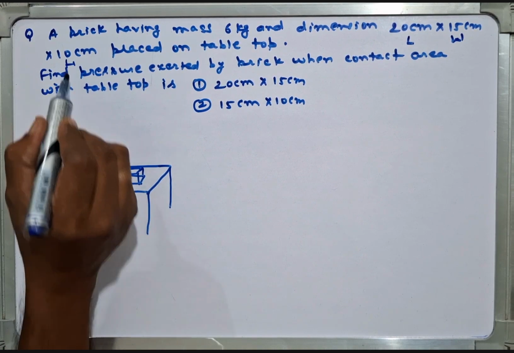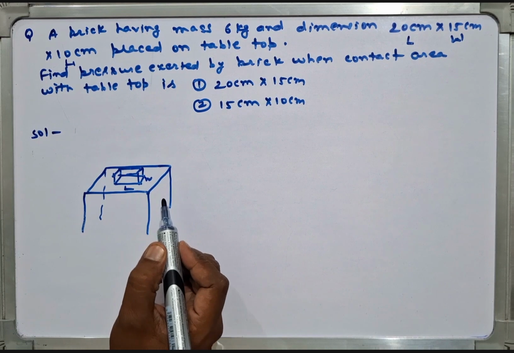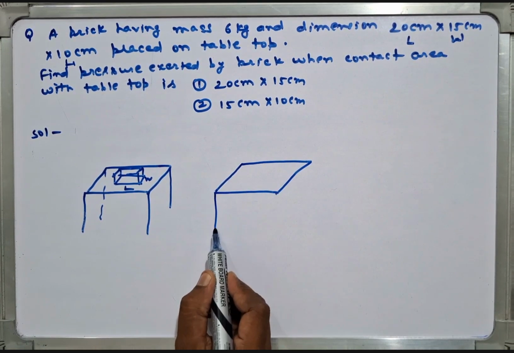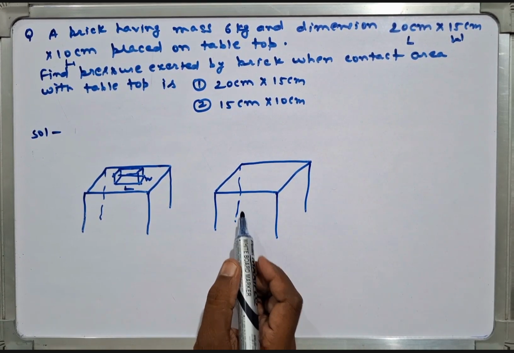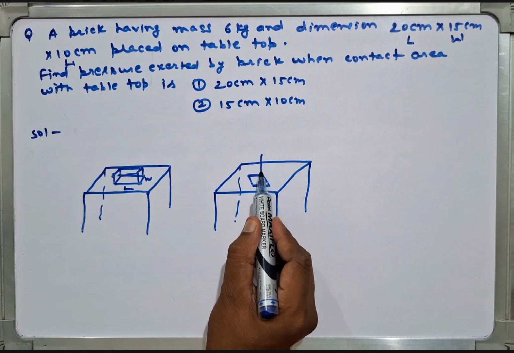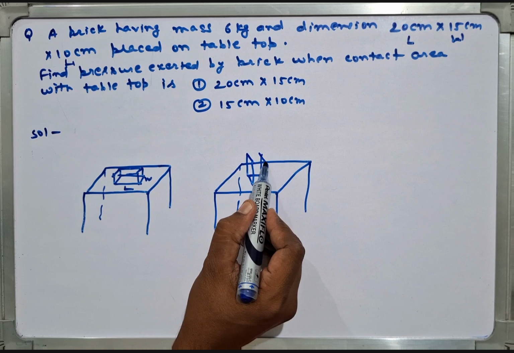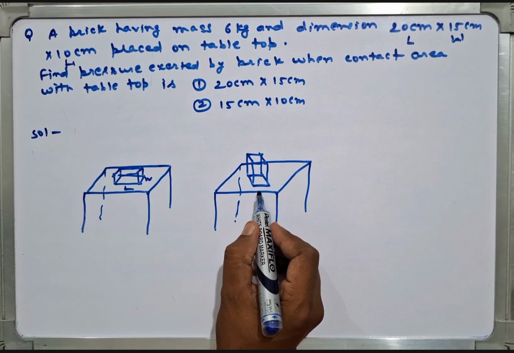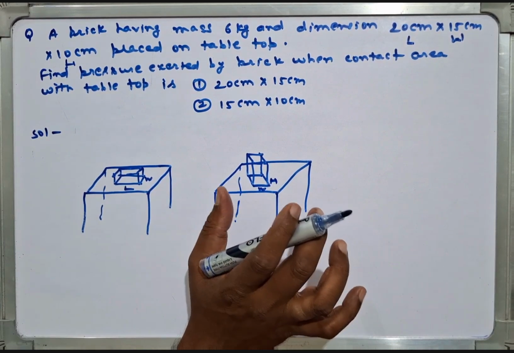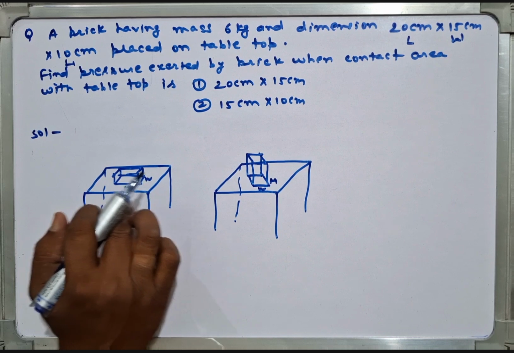So in the first case, here is the length and 15 is the width. In the second case, this is the table, these are the legs, and the contact surface is this one; this is now the width and this is the height. In both cases you have to find the pressure exerted by the brick on this table top.